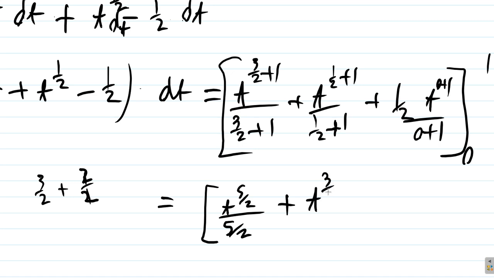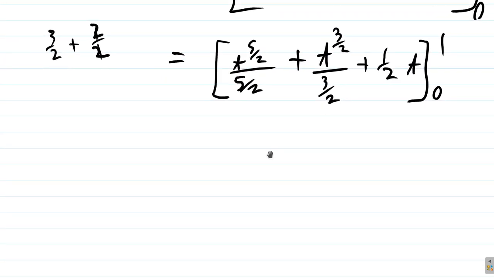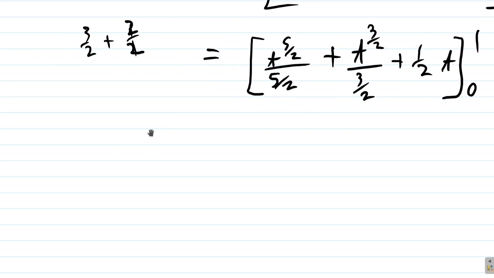So it's t to the 3 halves divided by 3 halves plus, well, this would just be half t. We're going from 0 to 1. Alright? Make sure you're following, you know. You can pause the video at some point and work it out yourself. Well, you should work it out yourself. Oh, by the way, you should have made an attempt at working it out yourself before. But even if you didn't, after you watch the video, you should try again to work it out by yourself.